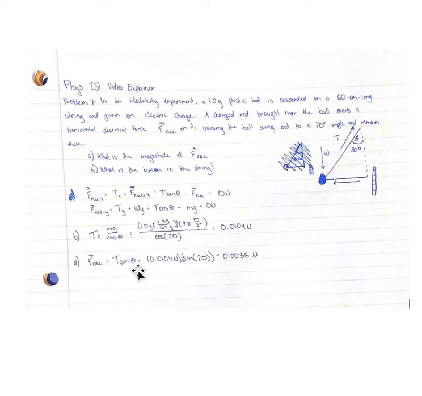We will use the tension that we found as the answer to part B, and then multiply that by sine of 20. When we do this, we get magnitude of the electrical force is equal to 0.0036 newtons. And with that, we have solved the problem.